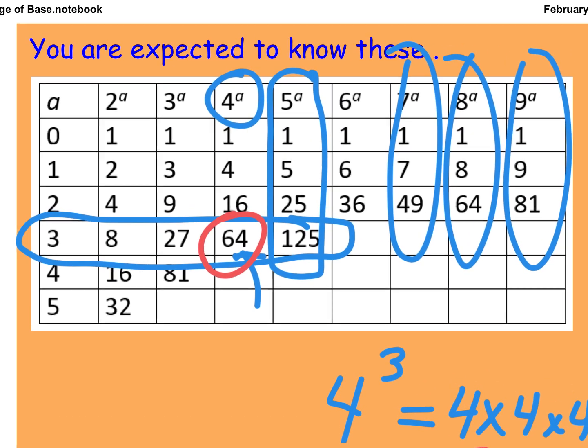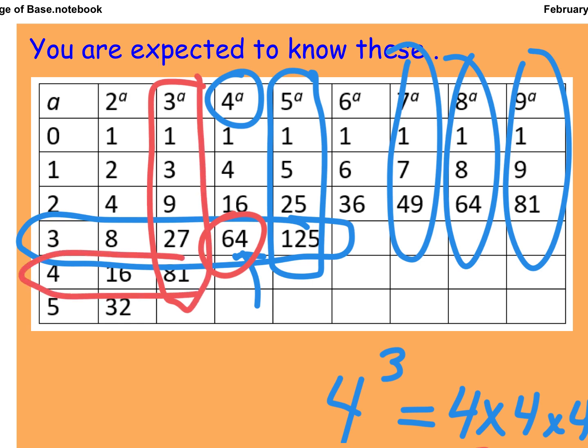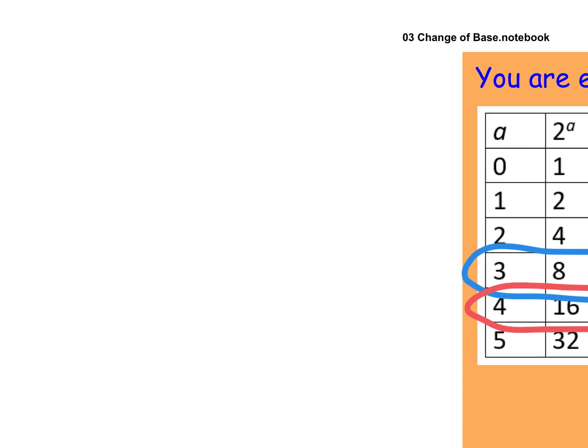And again, a lot of people don't have this one memorized. That's why we're talking about it right now. 3 to the fourth is 81. Let me show you where it would come in.